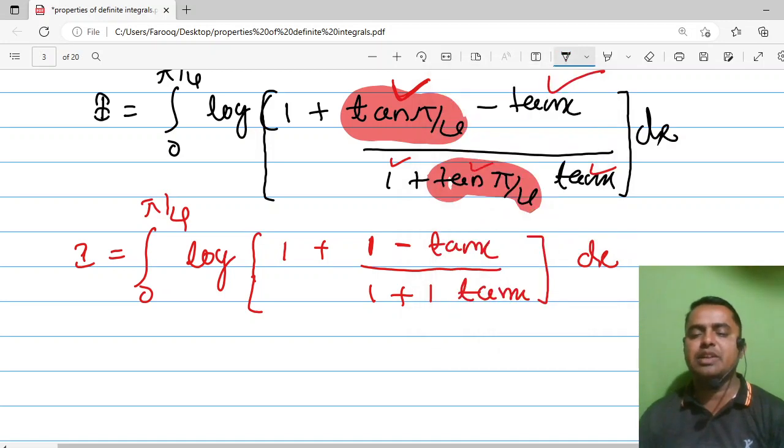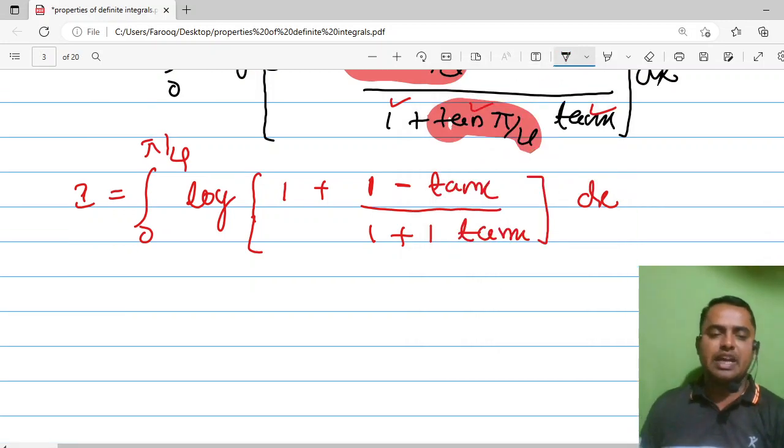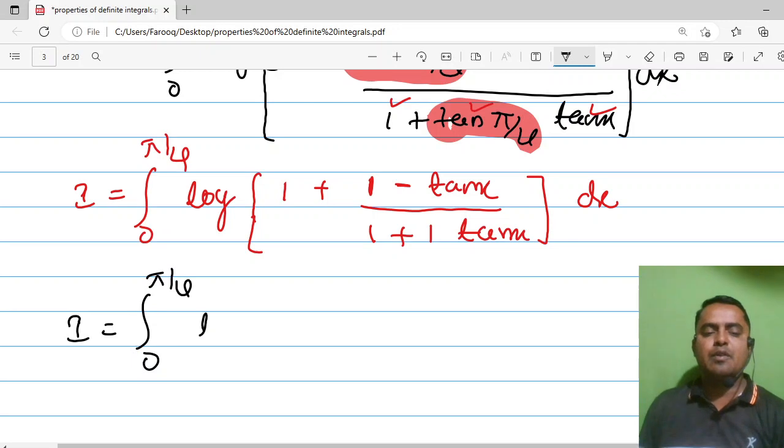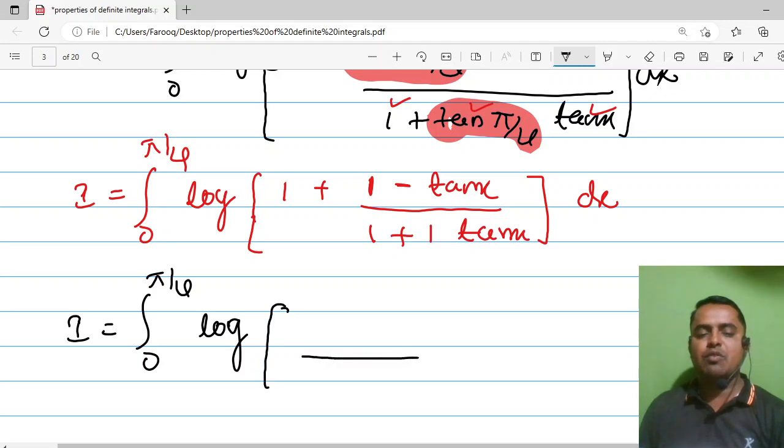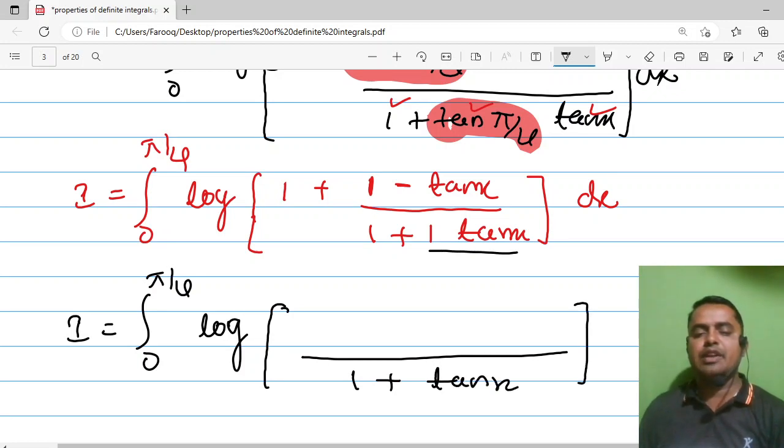Now in the next step, simplification, LCM and cross multiplication. I is equal to integral 0 to 5 by 4 of log. What is the LCM? 1 plus tan x, the bracket as it is, dx.